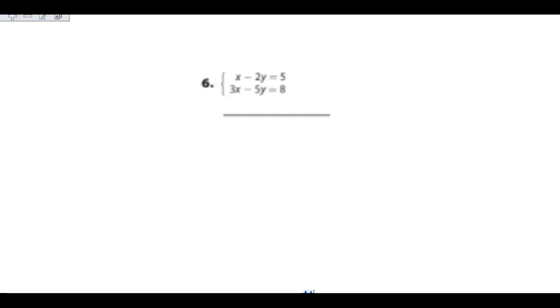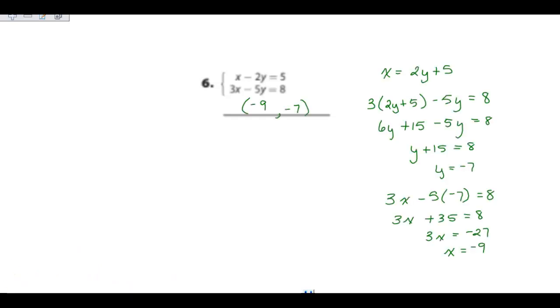Take a look at this one. Which one would you substitute in? Solve, find the ordered pair, and then meet me at the end. Okay, so you should have simplified to get x by itself. Plug it into the other equation. So we have 2y plus x substituting in for x.